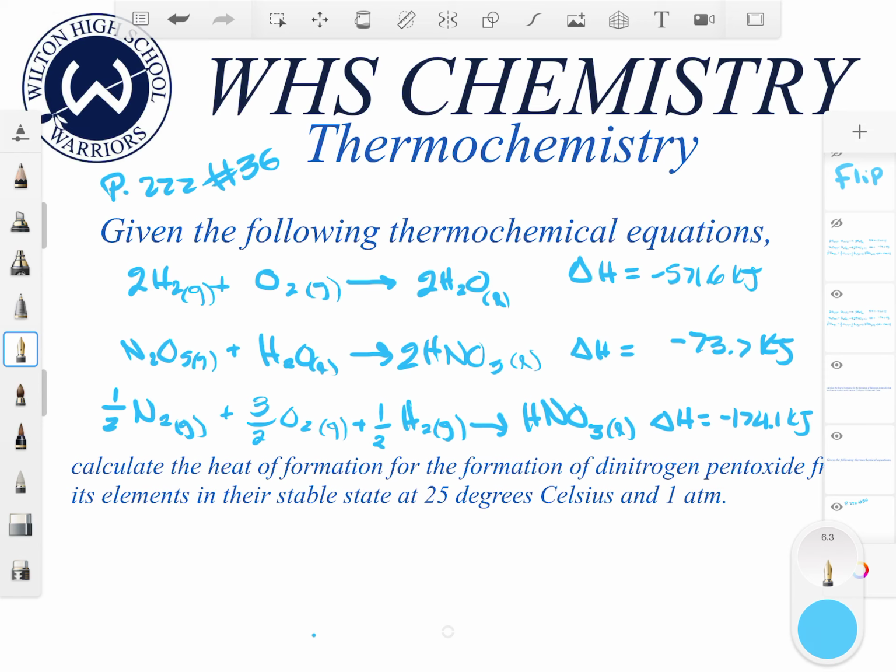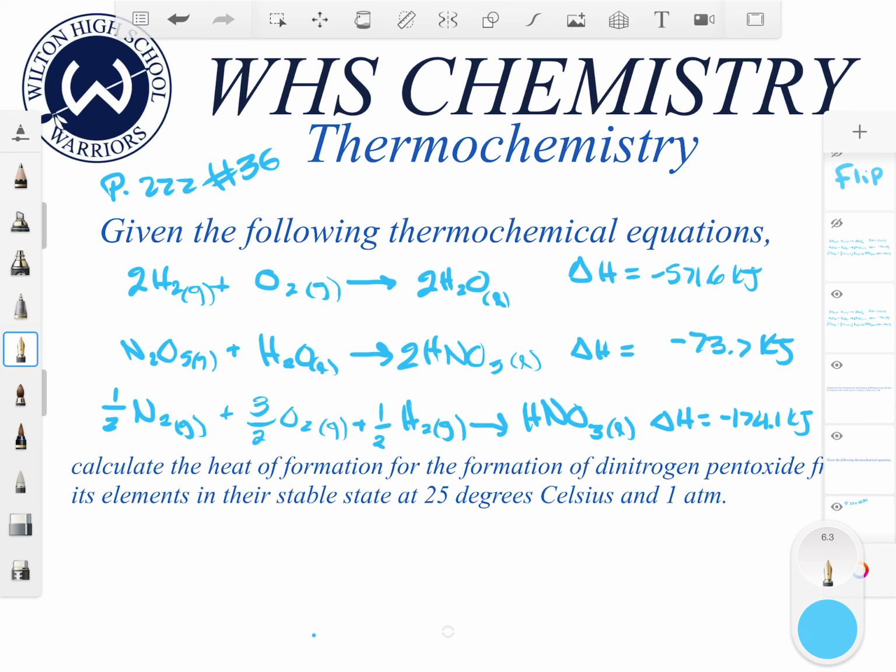So speaking of this fourth and final equation, we need to find the equation that illustrates the given reaction, which is the formation of dinitrogen pentoxide from its elements. So if you remember the strategy we used in the last one, you don't have to write it out, but think about what this fourth equation is going to look like. We know that it's forming dinitrogen pentoxide and that it doesn't mention any other products, so we should assume that that is the only product in that reaction.